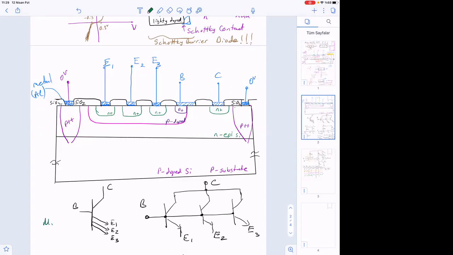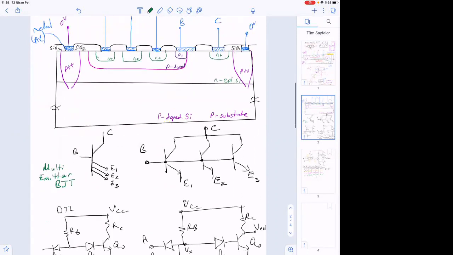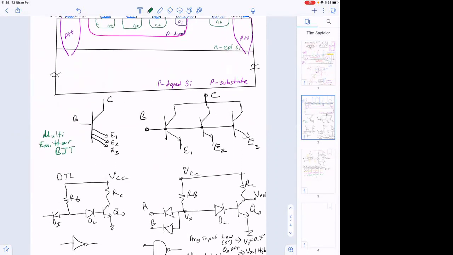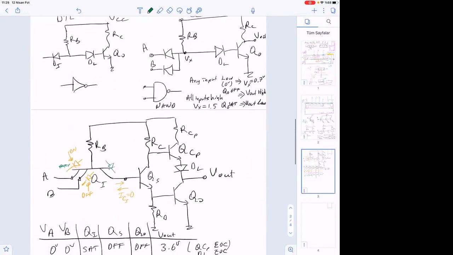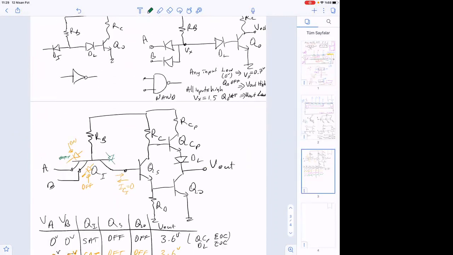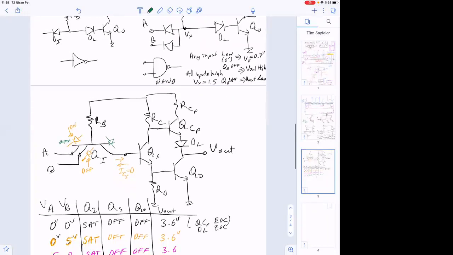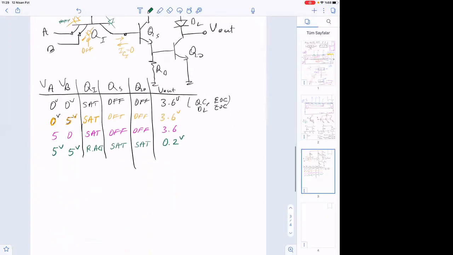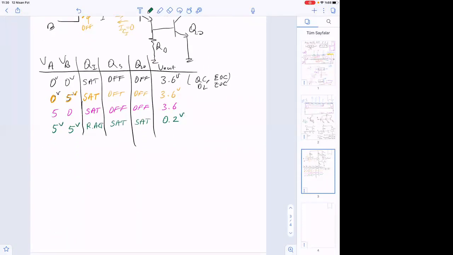This is called a multi-emitter BJT. That's it. So here, I added one more concept. If this is fine, I'm going to go to the next concept.